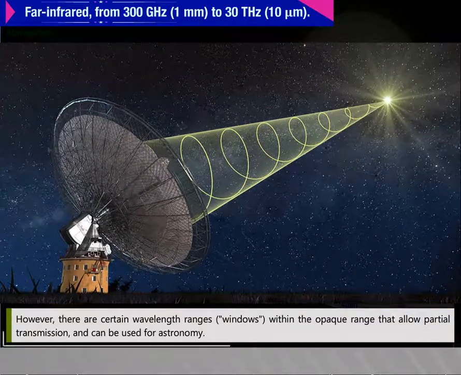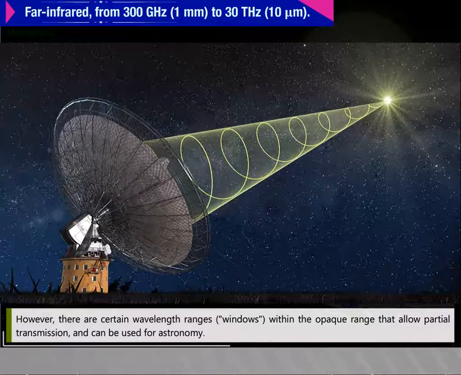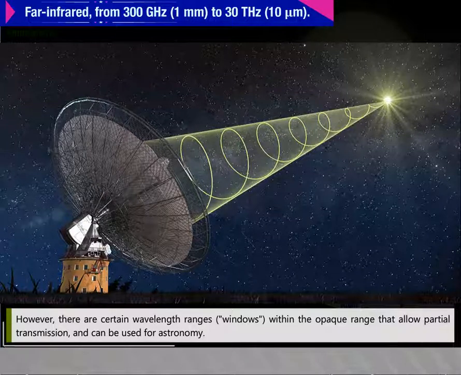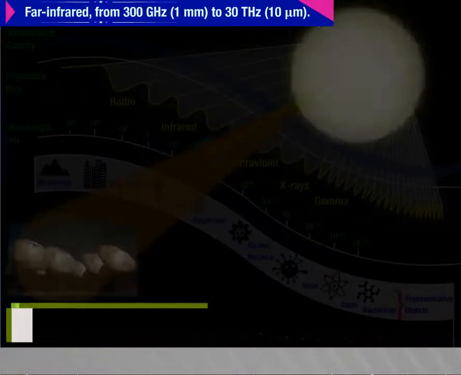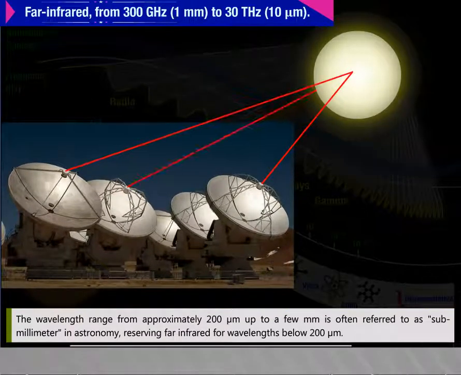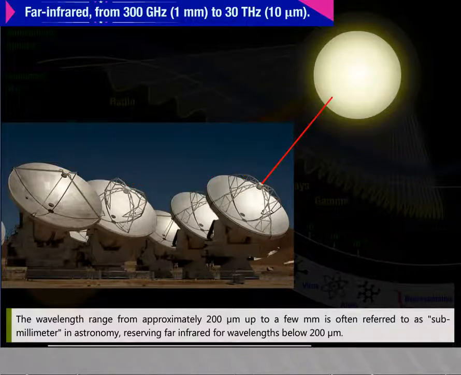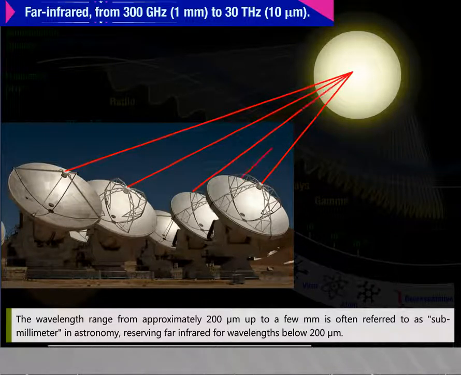However, there are certain wavelength ranges, windows, within the opaque region that allow partial transmission and can be used for astronomy. The wavelength range from approximately 200 micrometer up to a few millimeters, often referred to as sub-millimeter in astronomy, reserving far infrared for wavelengths below 200 micrometer.